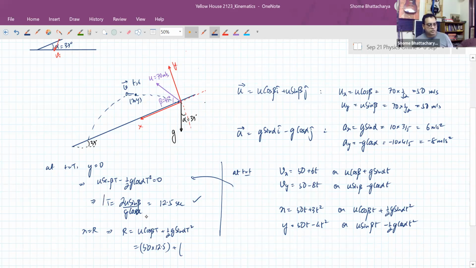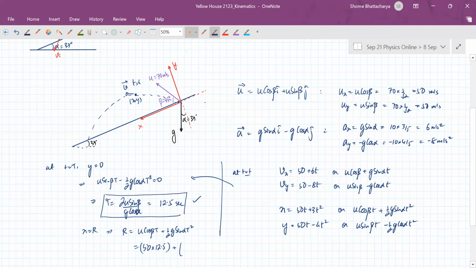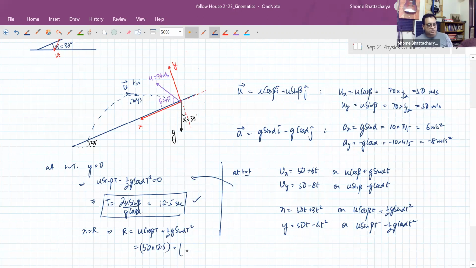Yeah, this is the time of flight. When it hits the inclined plane, the y coordinate is 0, right? Yes, sir. The x coordinate will become 50t plus 3t square.